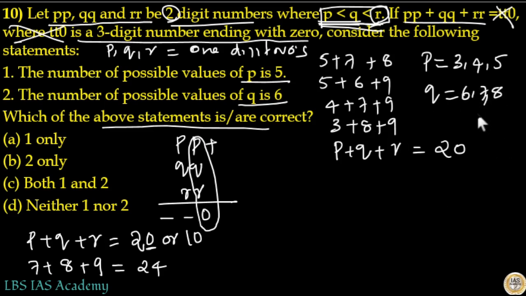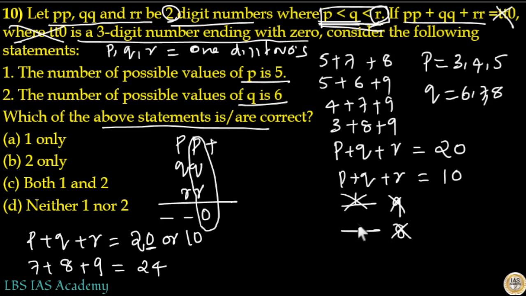Now if you take the sum as 10, possible values are, here R cannot be 9 because P plus Q should be 1, which is not possible. And R cannot be 8 because P plus Q should be 2, which is not possible. So take R as 7. If R is 7, P plus Q should be 1 plus 2. And if R is 6, P plus Q should be 1 plus 3.